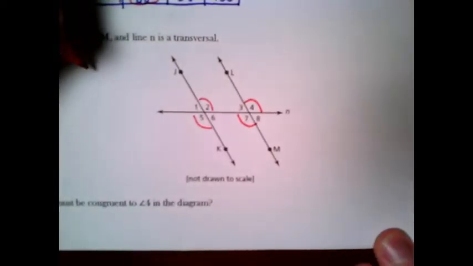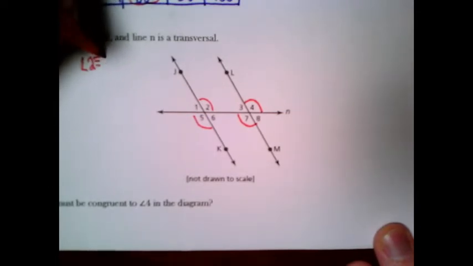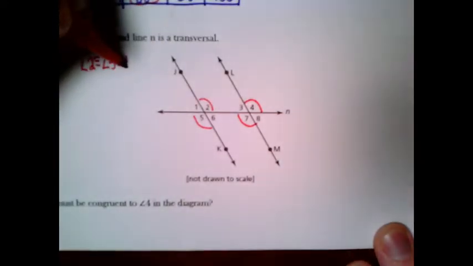So what you want for your answer is you want to say angle 2 is congruent to angle 5, which is congruent to angle 4, which is congruent to angle 7. Okay, so there you go. That's your answer for question number 6.